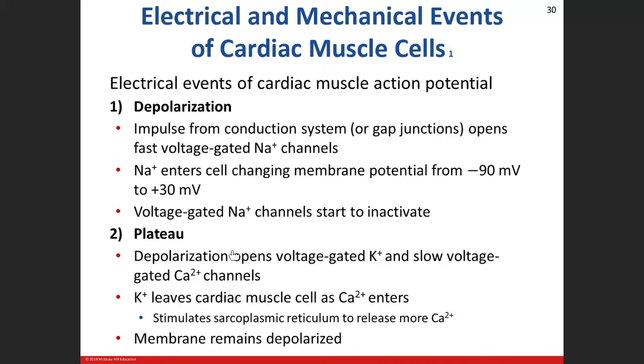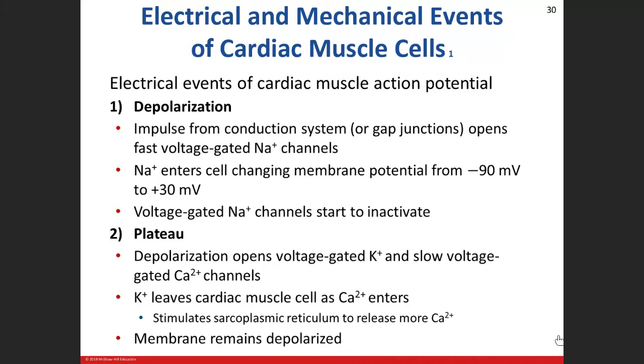So it leaves when those potassium channels open up. But calcium is in larger concentration outside the cell, so when its slow voltage-gated channels open up, calcium is going to come in. So they're almost exchanging. You have a positive ion leaving the cell because potassium is a positive ion, but you also have a positive ion coming in.